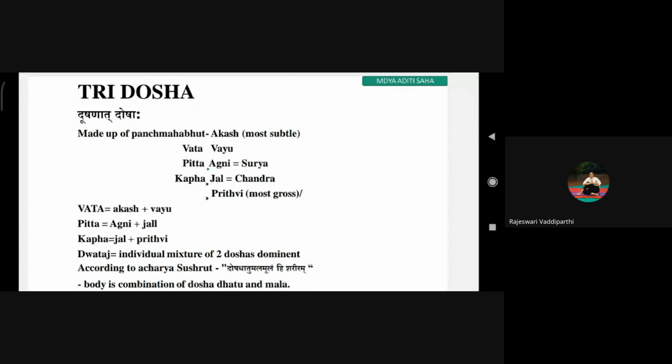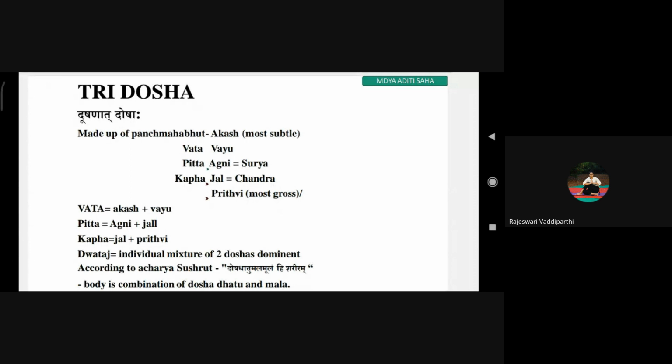So unbalanced doshas or humors make our body diseased. That is why they are known as dosha.